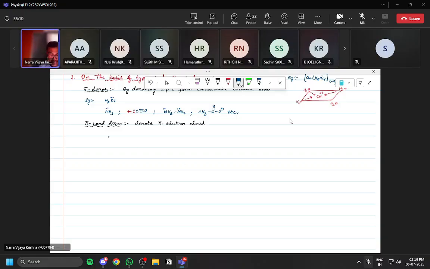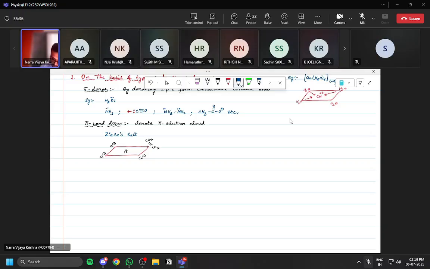Example, sir: Zeise's salt. Here platinum, Cl minus, Cl minus, Cl minus, and ethene, CH2 double bond CH2.